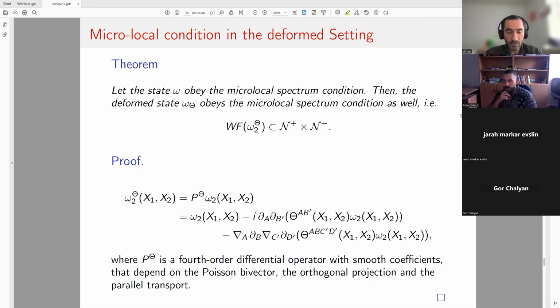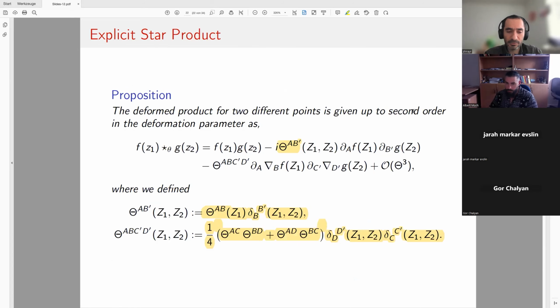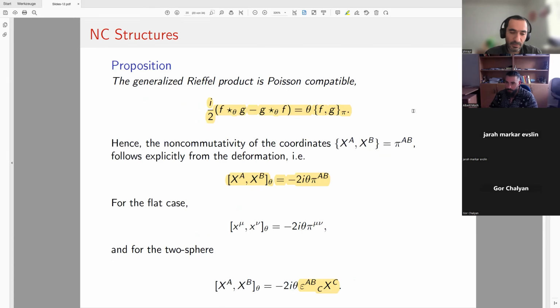I had a couple of comments regarding the use of symplectic structure in micro-local analysis and Fourier integral operators. There is a thing called the symplectic Fourier transform, where you replace the pairing with a symplectic map.